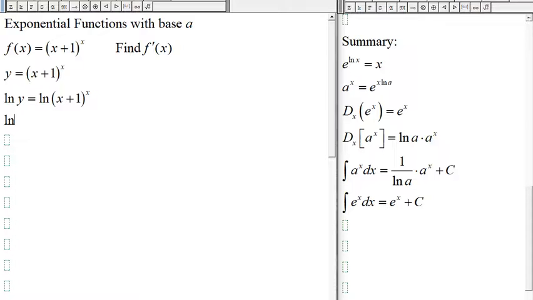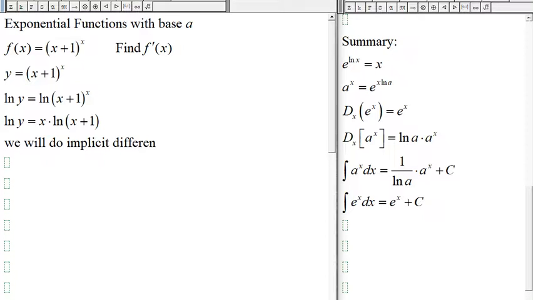So we get ln y, and the power rule says we can place this exponent right here in front of the ln. And then now we will do implicit differentiation with respect to x.